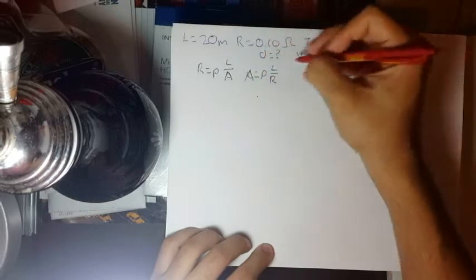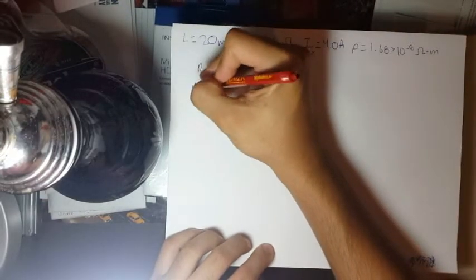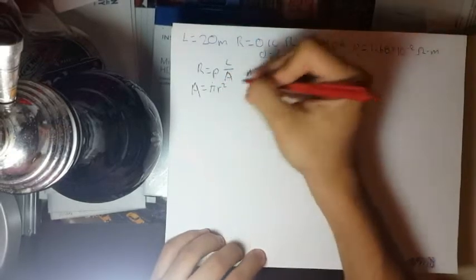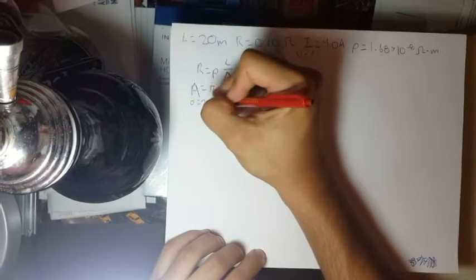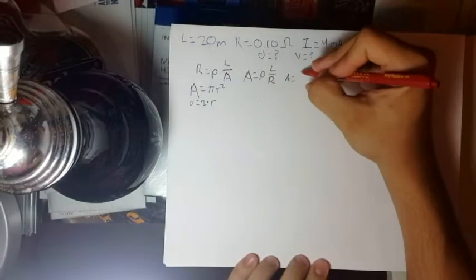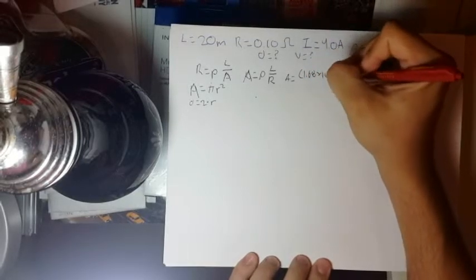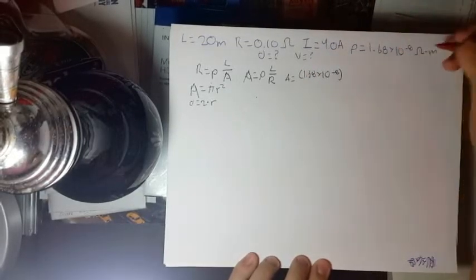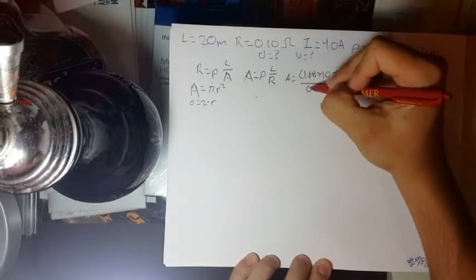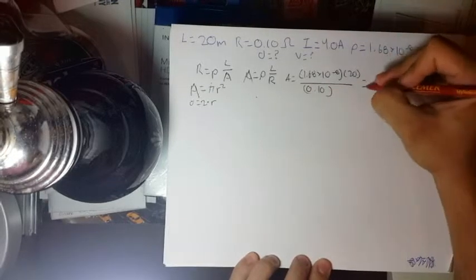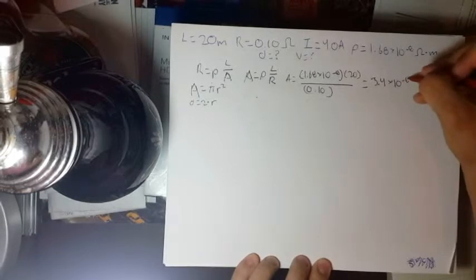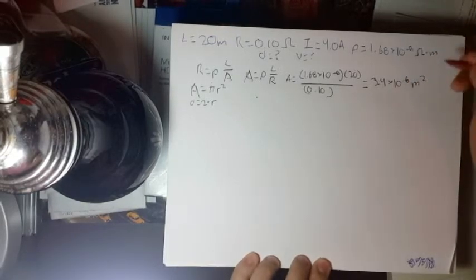And now why do you want to find area? Because the area is equal to pi r squared of a circle, and the diameter is equal to 2 times r. So therefore, solving for the area, we're going to get that the area is equal to 1.68 times 10 to a negative 8 times the length 20 meters over 0.10 ohms, and the area is going to give you 3.4 times 10 to a negative 6 meters squared.